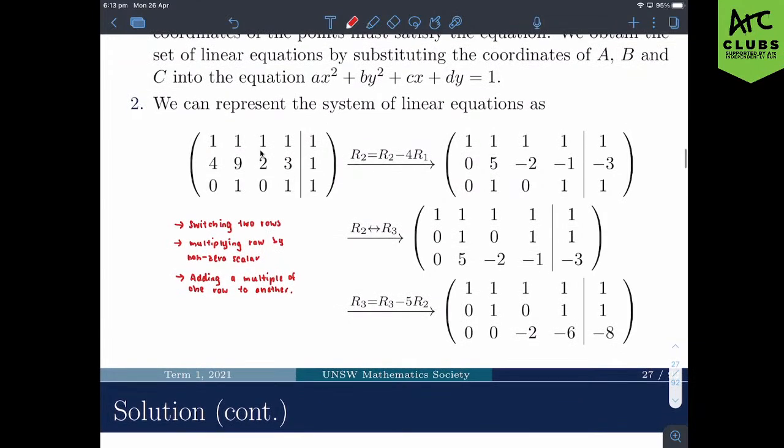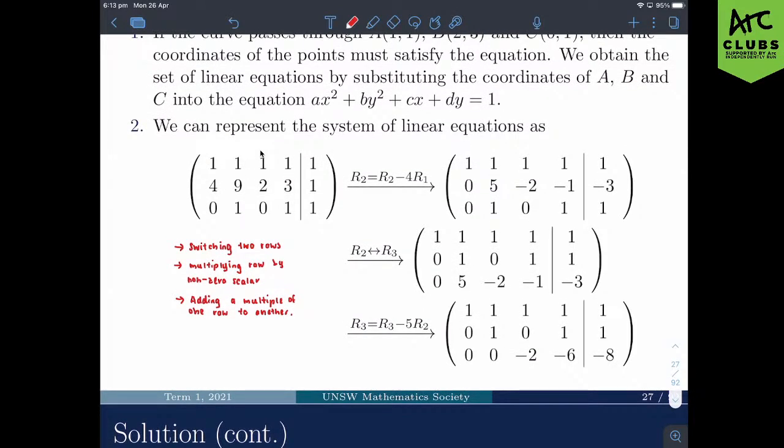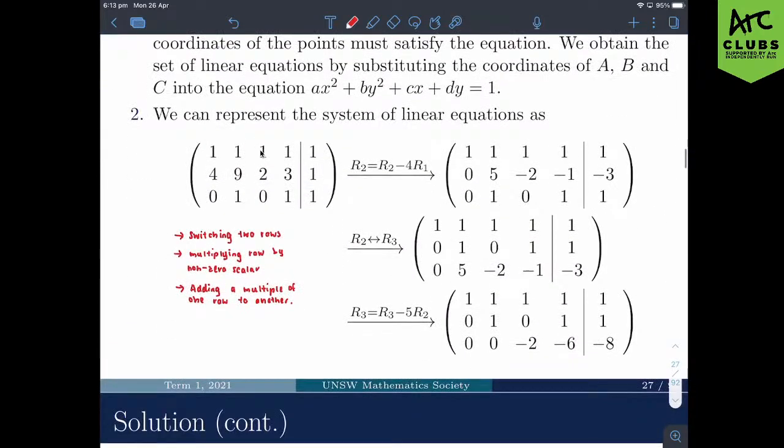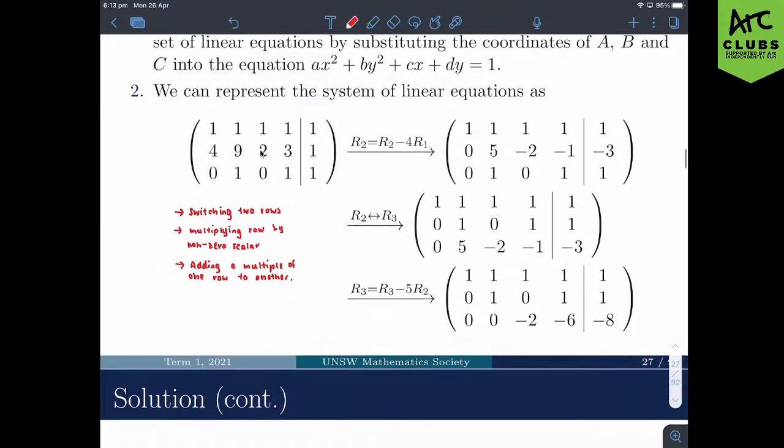So as you can see from here, all of the leading entries of a row are further to the right than any leading entry in the rows above it. So we have our matrix in row echelon form. And we have a non-leading column.